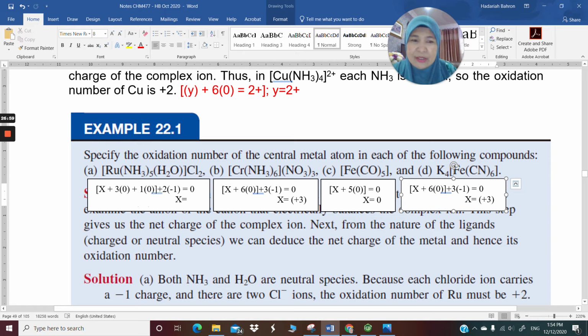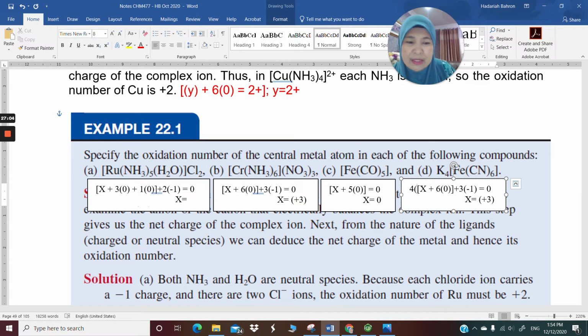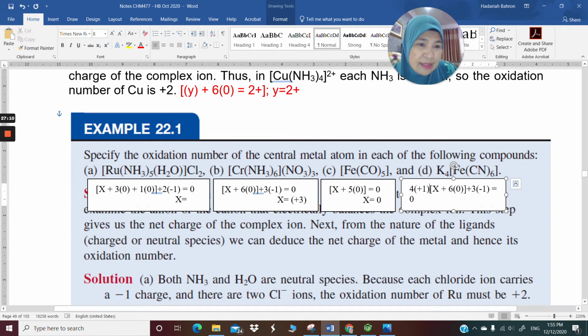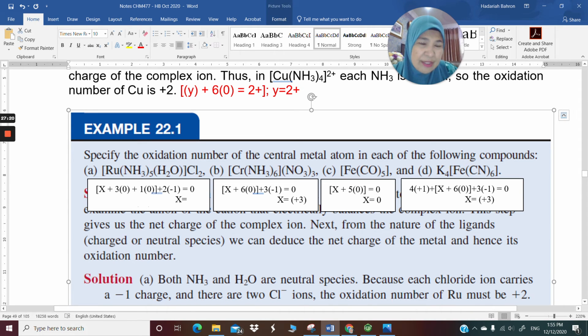So 4 potassium is 4 times plus 1, because everybody knows that potassium has a charge of plus 1. And in the square bracket is X, because your iron, you don't know what is the oxidation state of iron.